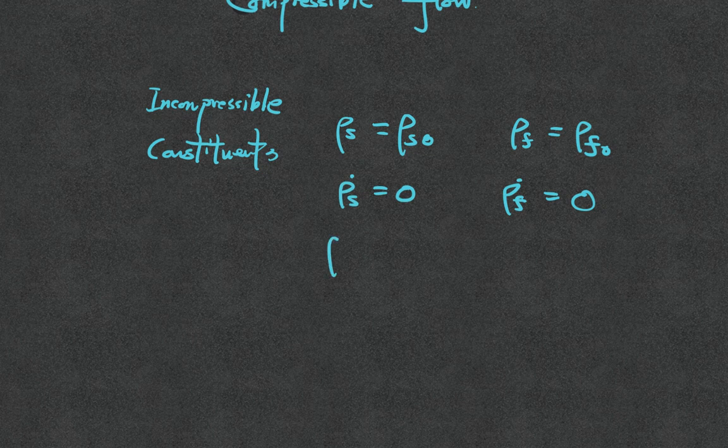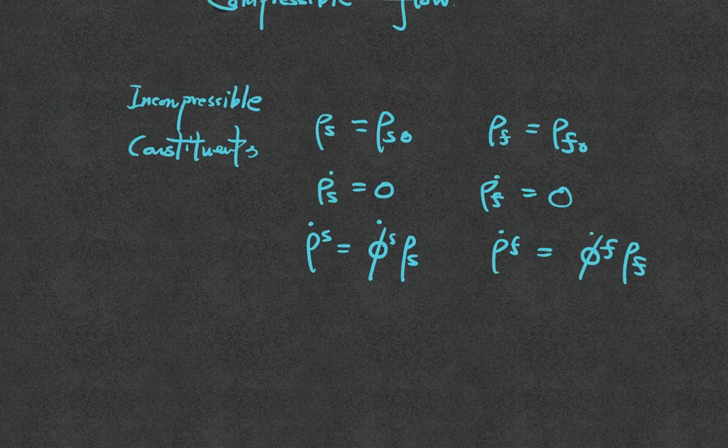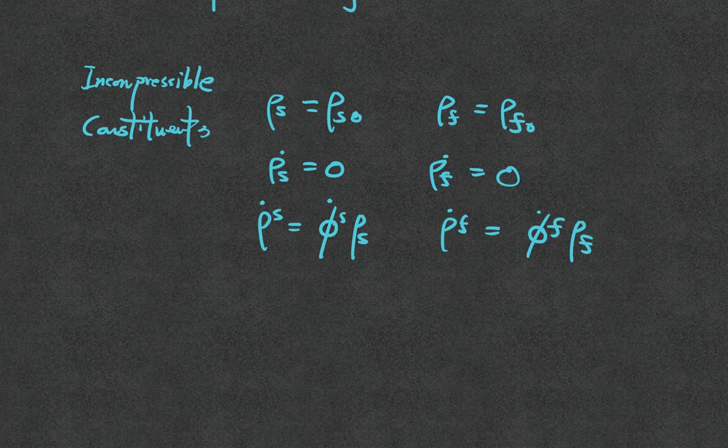Now, the partial s dot is not necessarily equal to zero. So the partial density change is equal to the change of the volume fraction of the solid, right? And then the fluid partial density is equal to the change of the porosity times the intrinsic density.